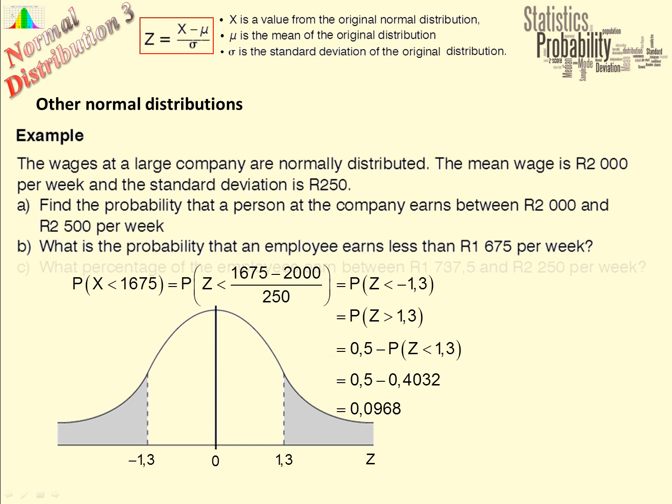So there we are. Probability that somebody earns less than 1,675 is 0.0968.